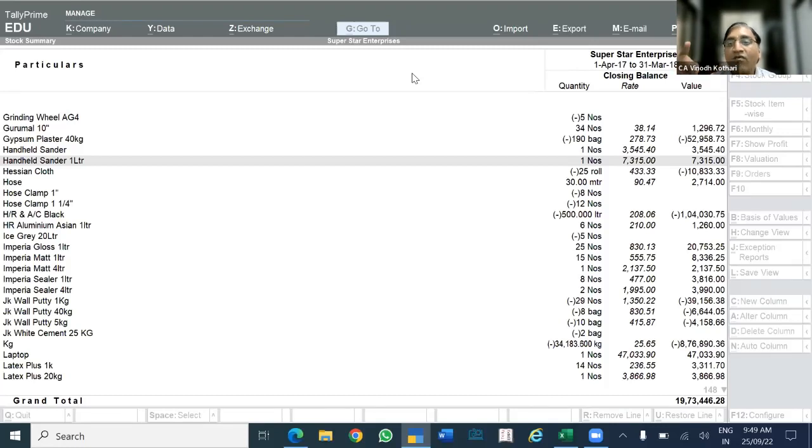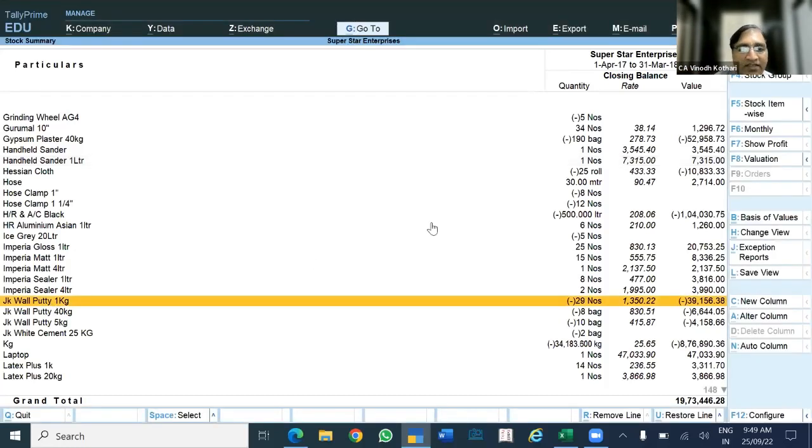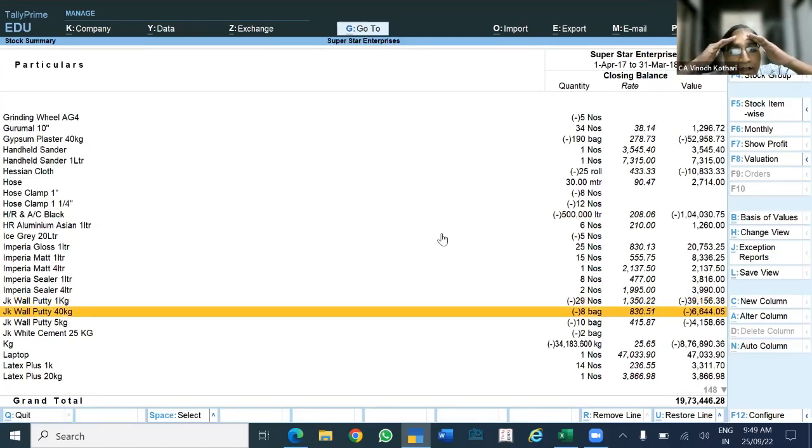See, the reason why a mistake arises also we need to understand. Say for example, I am buying this JK wall putty 1 kg, and by mistake while passing the entry, I pass it as 40 kg. Then what will happen? This will be in excess, that will be in negative. So as an accountant, you should also think what can be the probable mistakes.